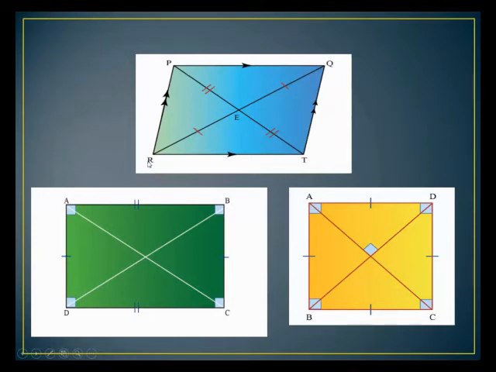That's why any two adjacent angles of a parallelogram are supplementary. Supplementary means the sum is always equal to 180 degrees. So when we add angle R to angle P or angle P to angle Q, it equals 180 degrees. Similarly, when we add angle T with Q or T with R, it equals 180 degrees.